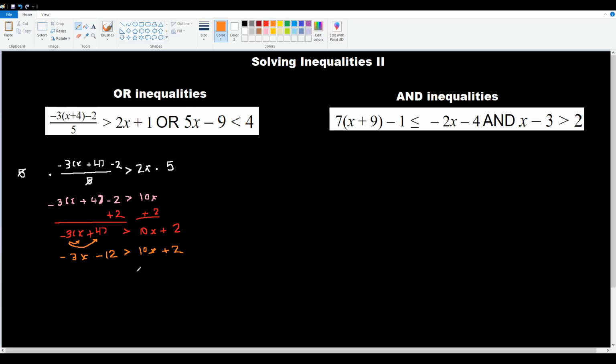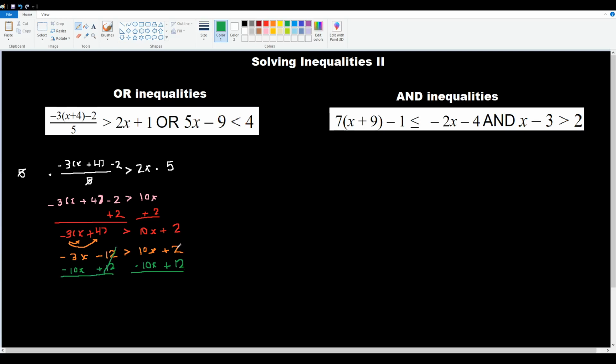So we're going to do minus 10x on this side, minus 10x on that side, and we're going to do plus 12, plus 12.